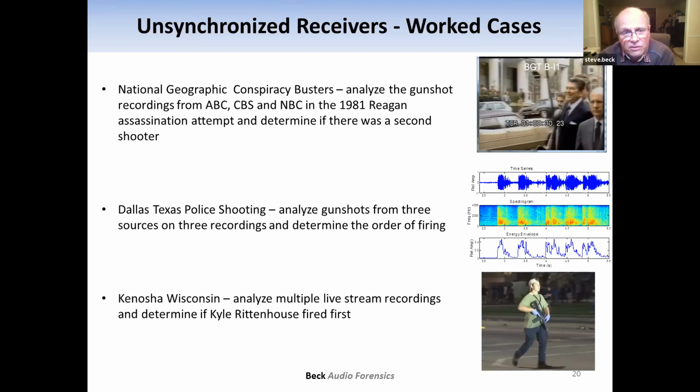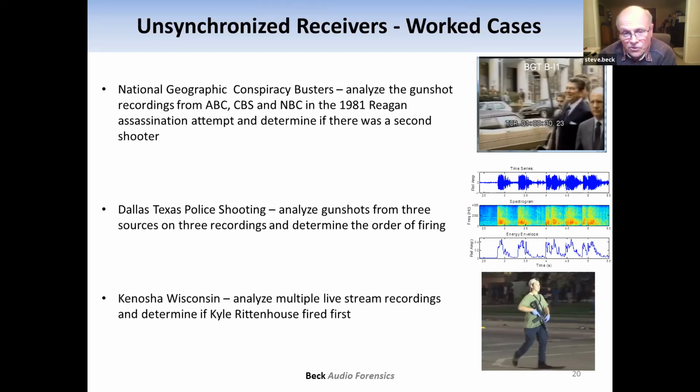Just last month, they finally concluded a case up in Dallas that was a police shooting. Professor Rob Mayer and I actually worked on this case. And I was able to determine the order of shooting and who fired first using this technique that I'm going to show you.